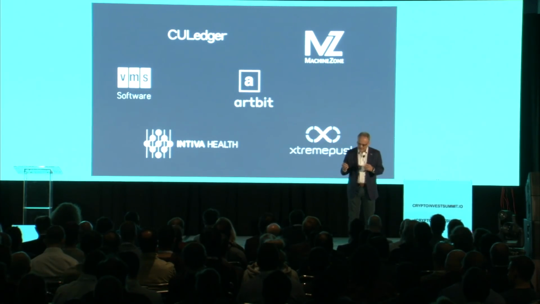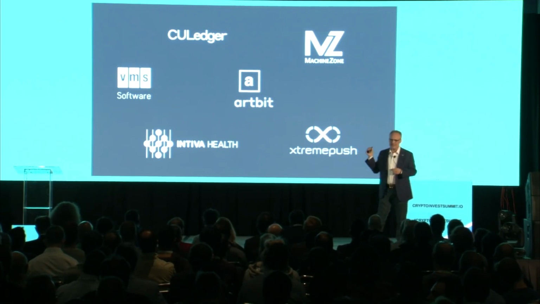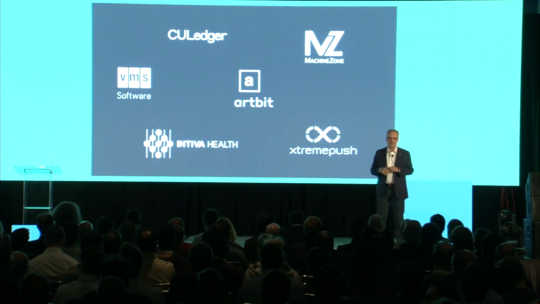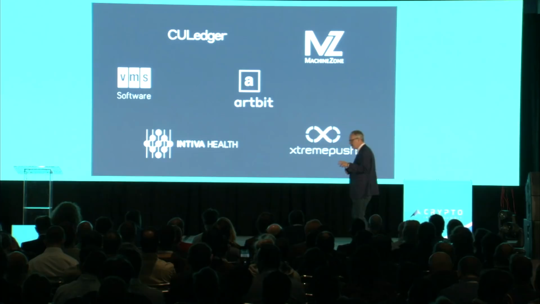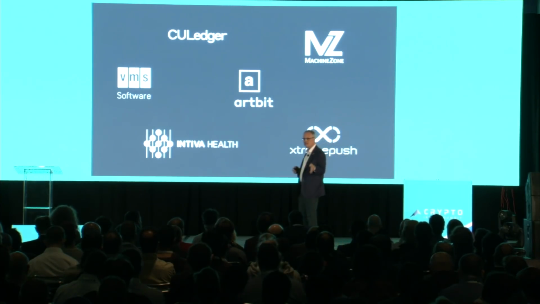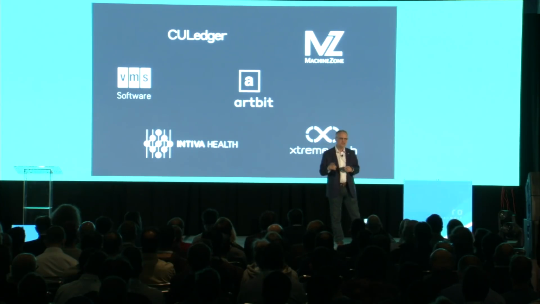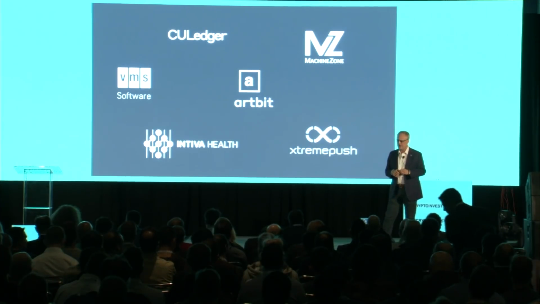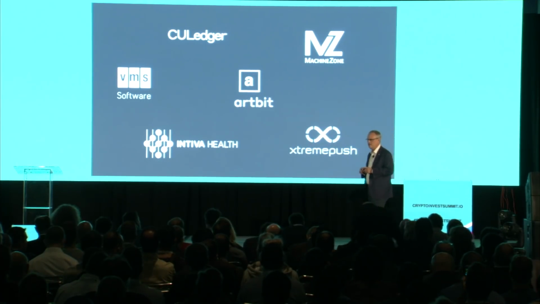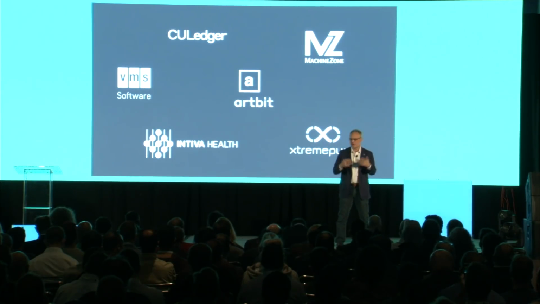So where are we in this? We have customers. We have partners. These logos represent many of them. The credit union industry was our first enterprise customer for Swirlds. They announced this morning with the press release that they'll be using Hedera for cross-border payments. Machine Zone is a partner. Gabe Leydon is here. We'll be speaking this afternoon. VMS Software, one of the most stable versions of Unix for enterprise mission-critical applications.